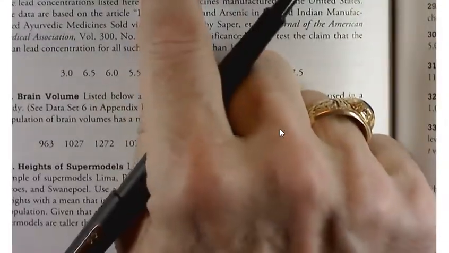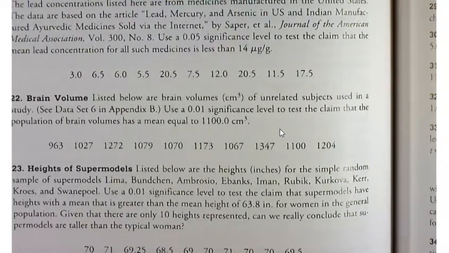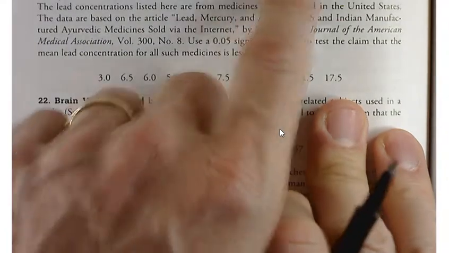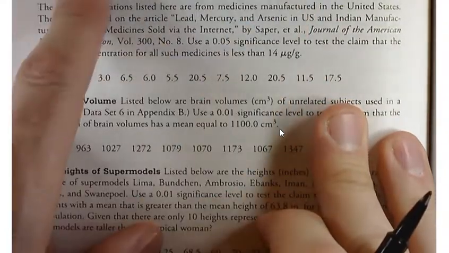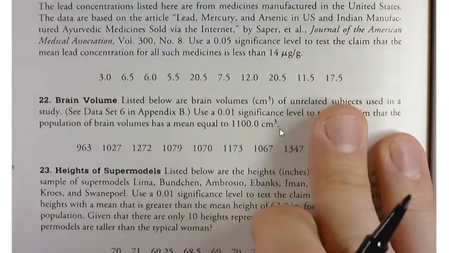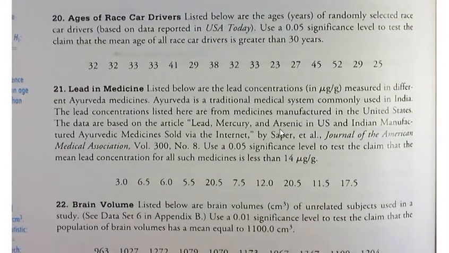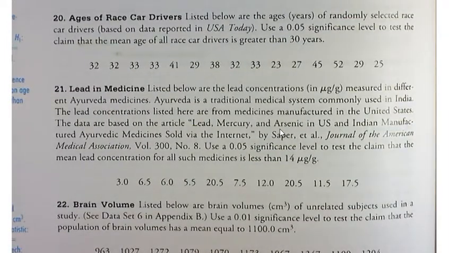Age of race car drivers. Listed below are the ages in years of randomly selected race car drivers based on data reported in USA Today. Use a 5% significance level to test the claim that the mean age of all race car drivers is greater than 30 years. All right, so let's enter some data into StatDisk.